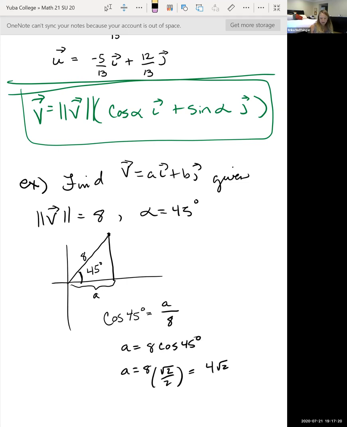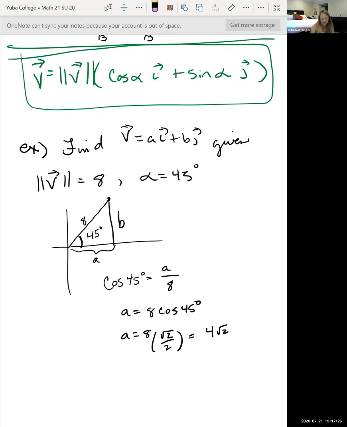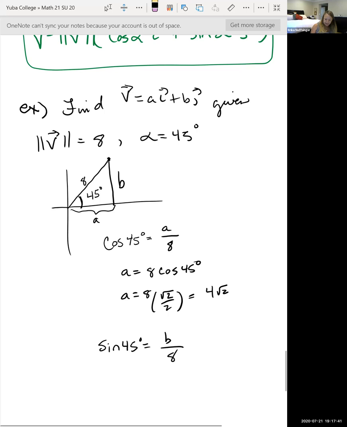My b value is the opposite, and I have the hypotenuse, so that should clue you in to use sine. So sine of 45 degrees is the opposite, b, over our hypotenuse of 8. So b is equal to 8 times sine of 45 degrees, which again is root 2 over 2, which is 4 root 2.